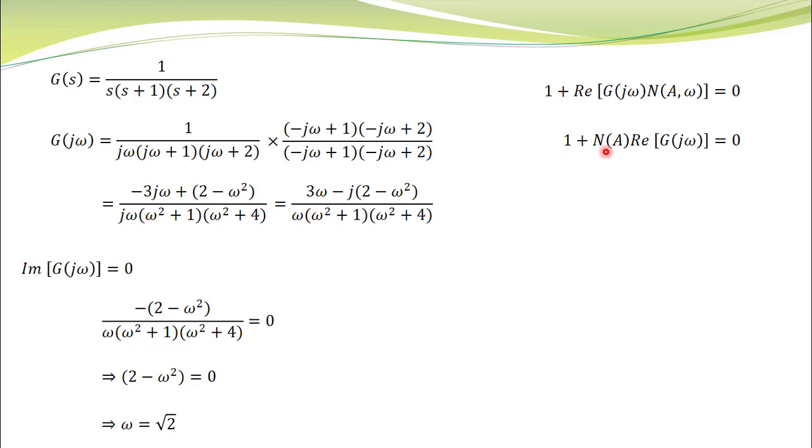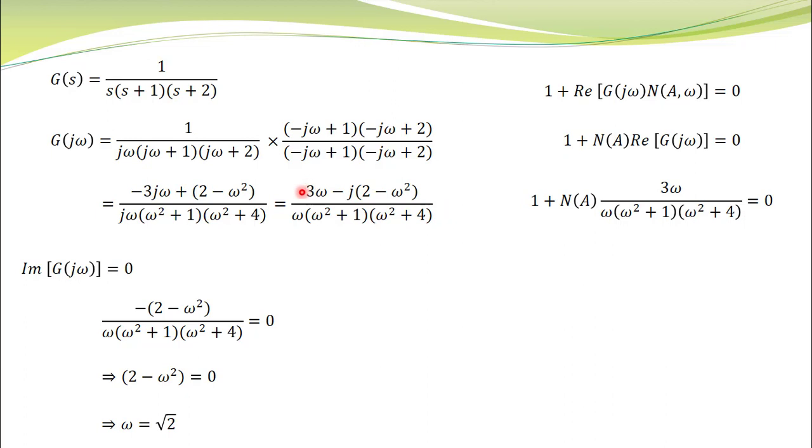So 1 plus NA into the real part of g of j omega has to be equal to 0. Real of g of j omega can be read from here, and therefore this is 1 plus NA into 3 omega divided by this thing, that is equal to 0.